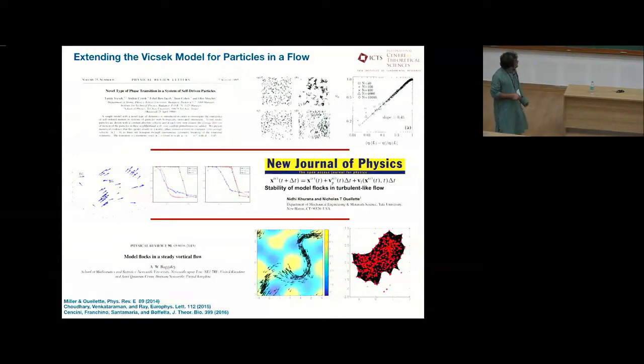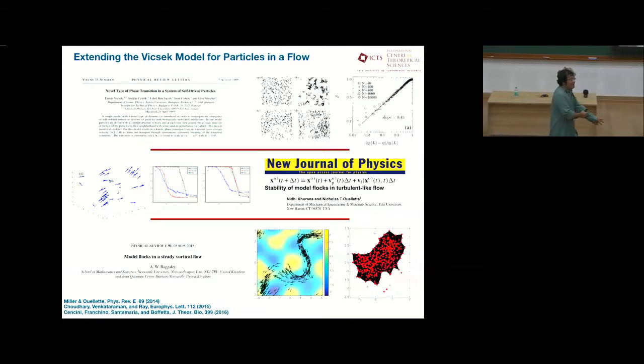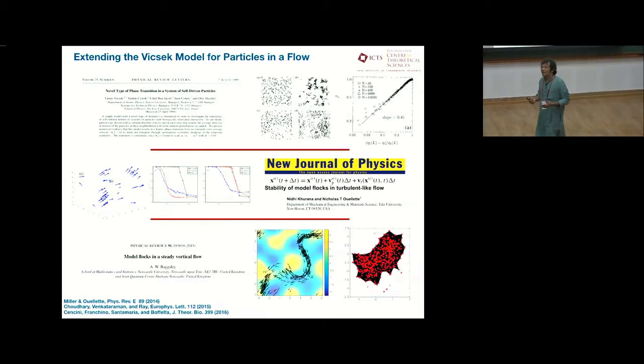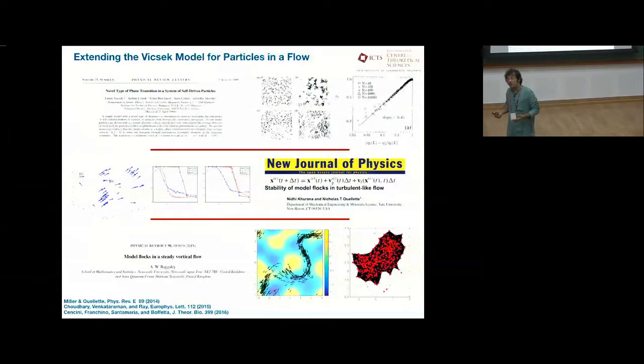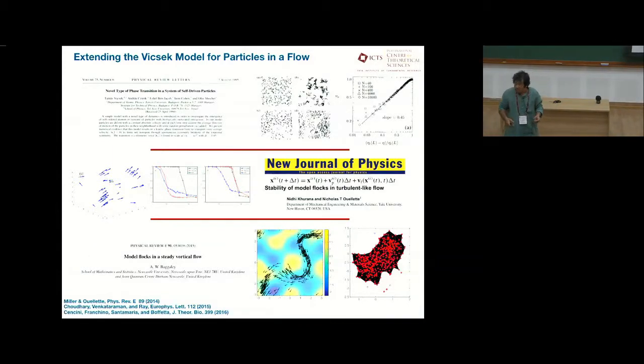The curious thing is that very little is known, perhaps with good reason, about what happens when you put these particles in a flow. All right? I mean, the natural question is that in all settings where living organisms, microorganisms or not, tend to show collective behavior, they're typically in a flow. That could be a marine environment or it could be air, all right?